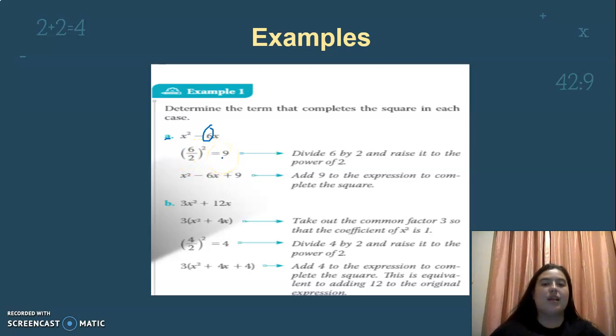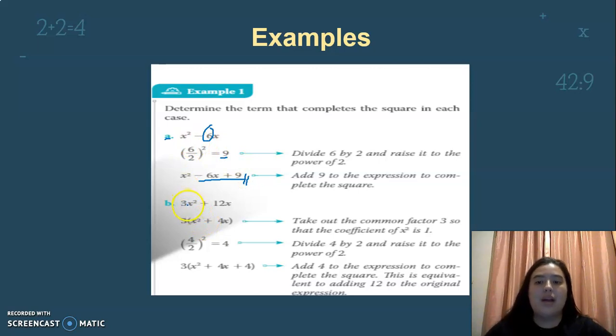So we have to add 9 to the expression to complete the square. So we copy again x^2 - 6x + 9. So this is the solution for this example.